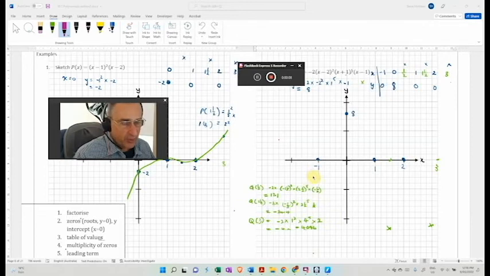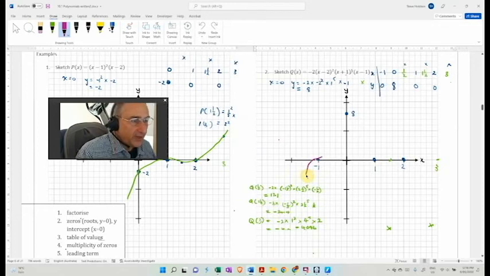To draw that graph in, we'll have a look at the multiplicity of the zeros. The root of minus 1 has a multiplicity of 5, so we know that's going to go from a negative to a point of inflection and then a positive.